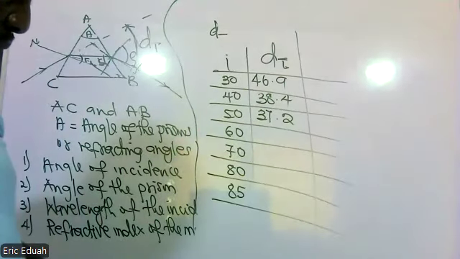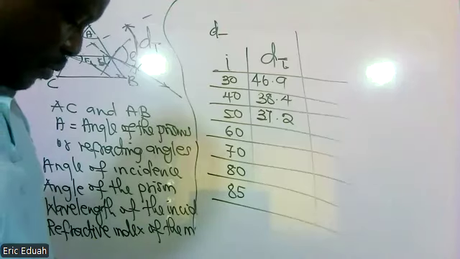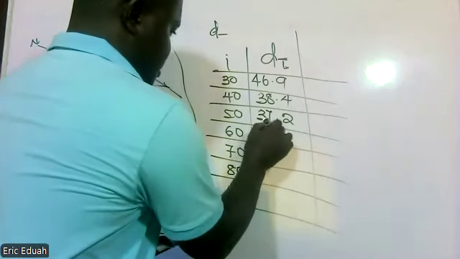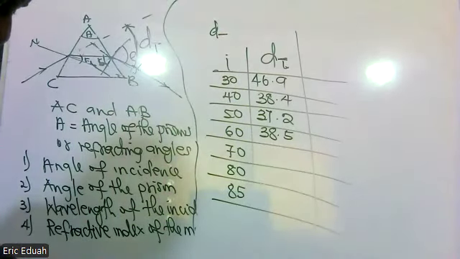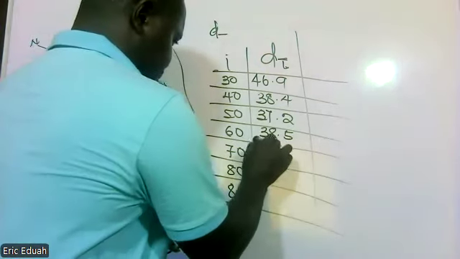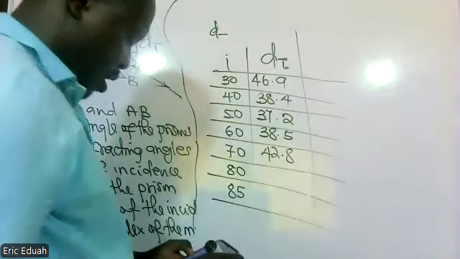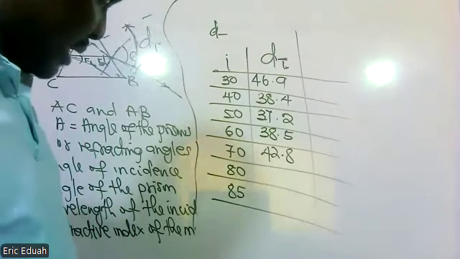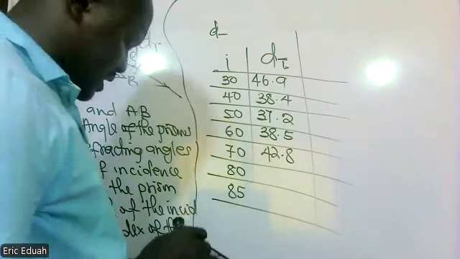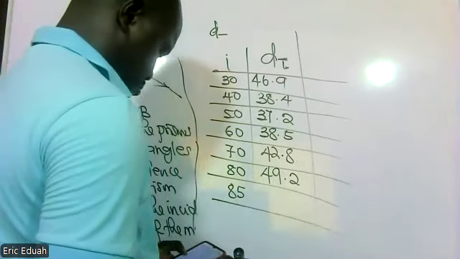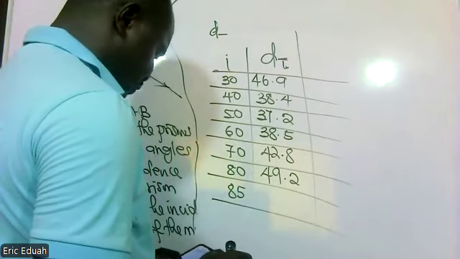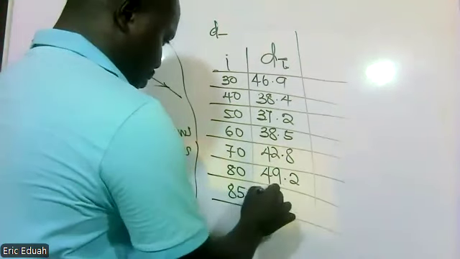When I is 60, we have 38.5. When I is 70, we have 42.8. When I is 80, we have 49.2. Then 85, we have 53.3.